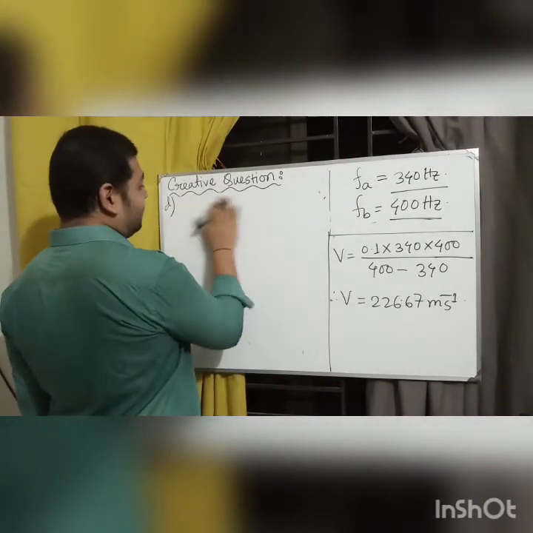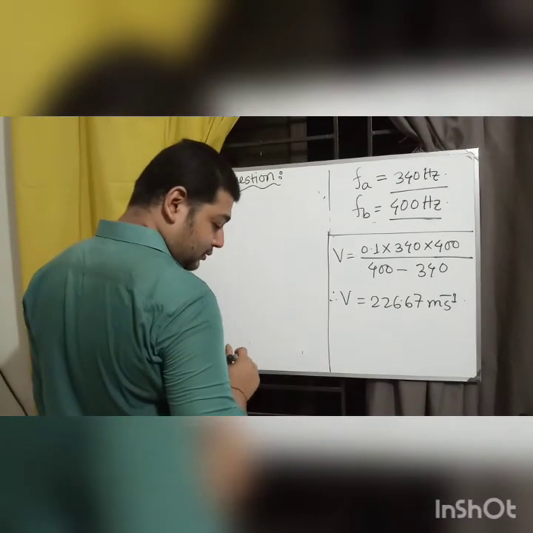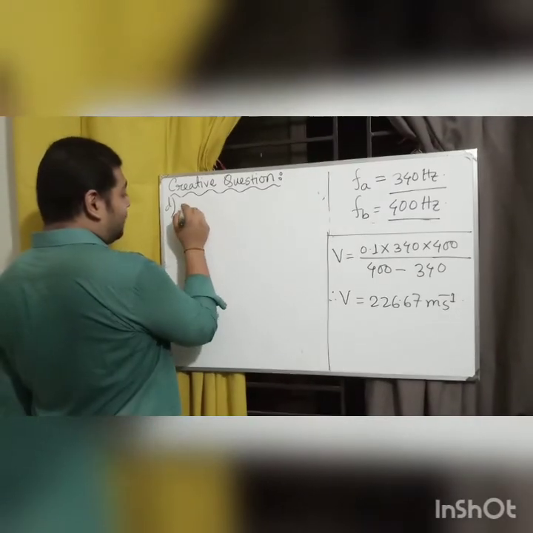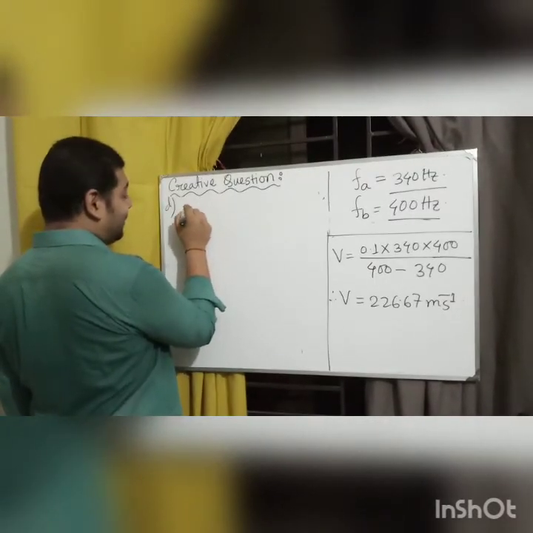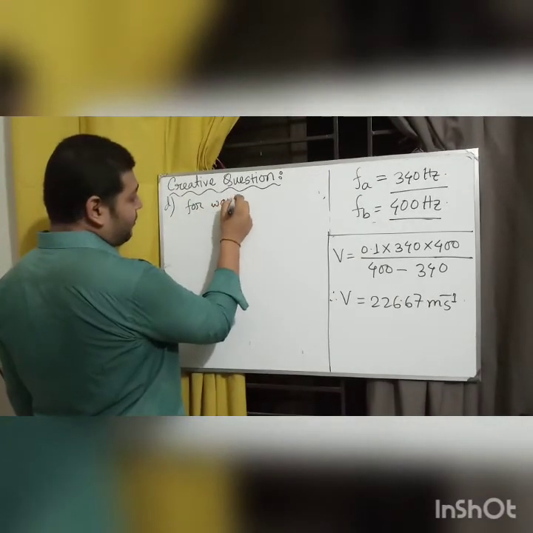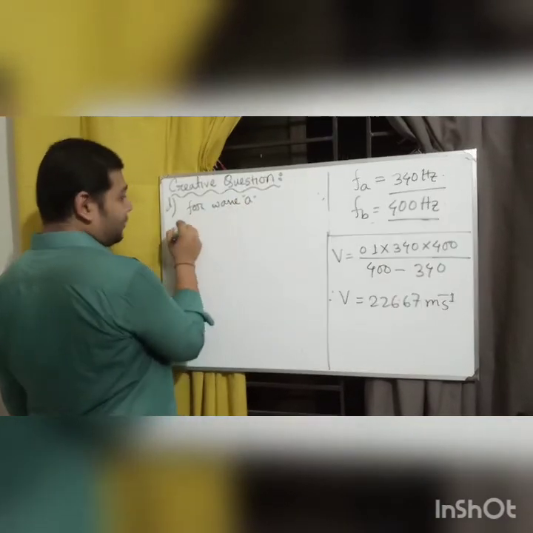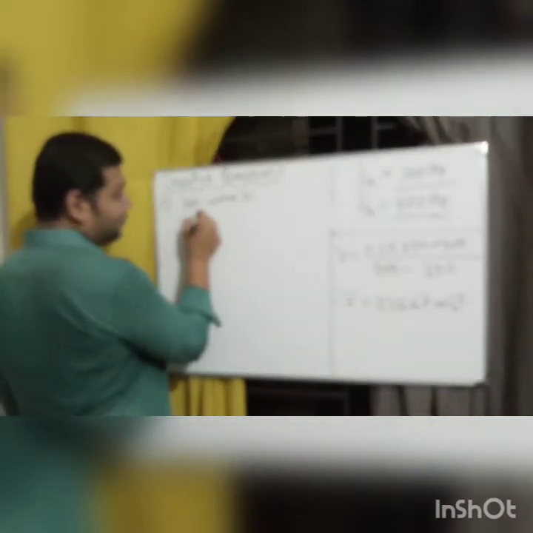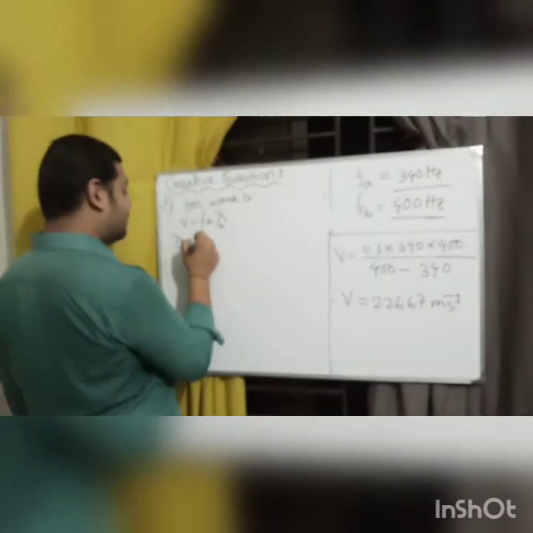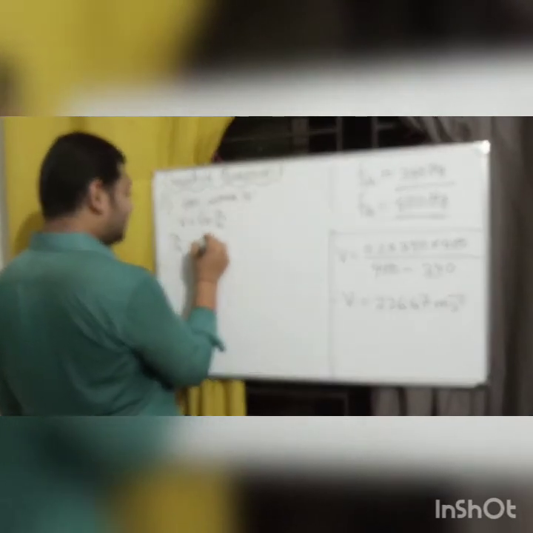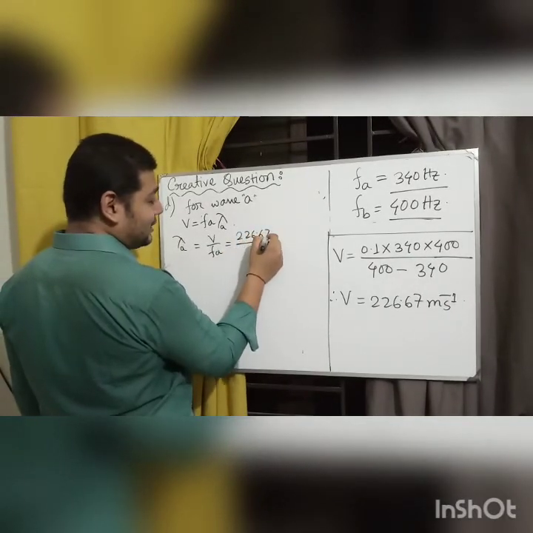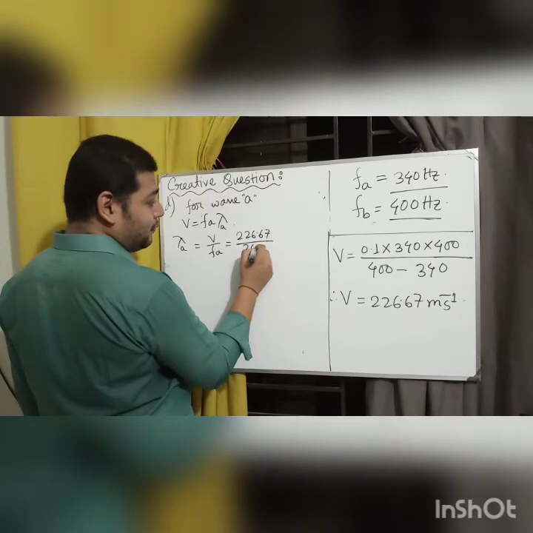Okay, and for wave A, we can write V equal to FA lambda A. So lambda A equal to V by FA, and our V is 226.67 divided by FA is 340.